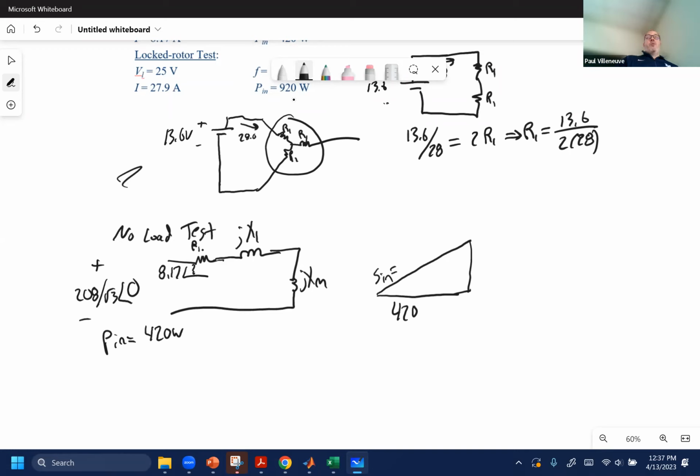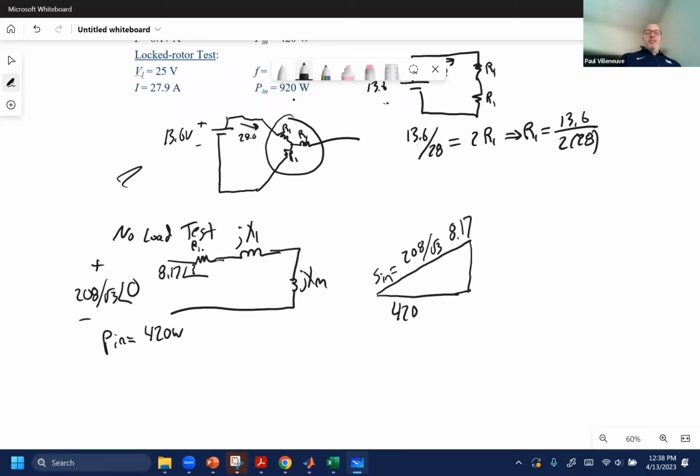So that 420 watts is total real power under no load conditions. My input then is going to be equal to 208 over the square root of 3 times 8.17, because I'm just looking at magnitude, right? I'm not worrying about the angle. I'm just doing the magnitude.